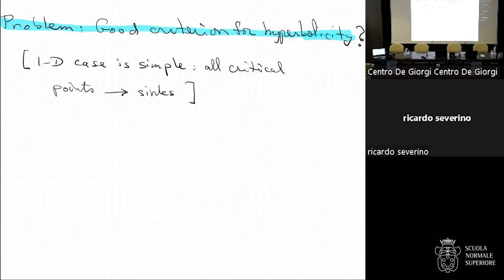But more generally, for maps in the middle of parameter space, it's not known which maps are hyperbolic. It's also not known how to check a map for being hyperbolic. In the one-dimensional case, there's this classic theorem that for a uniformly expanding map, if all the critical points are attracted to sinks, you're done.